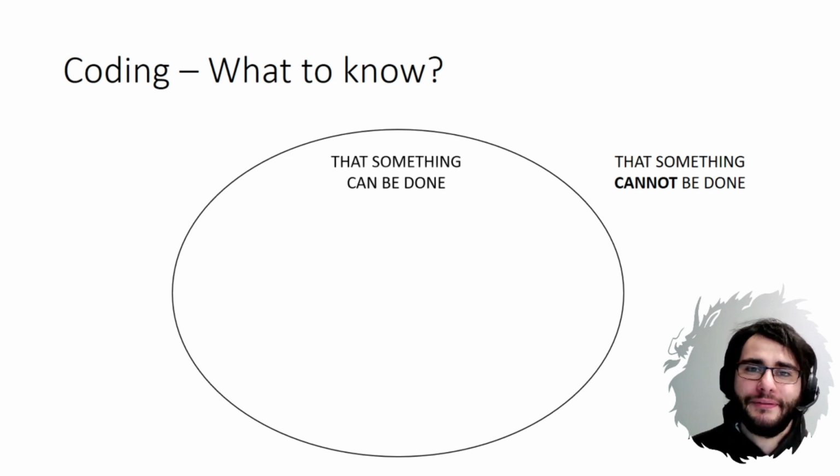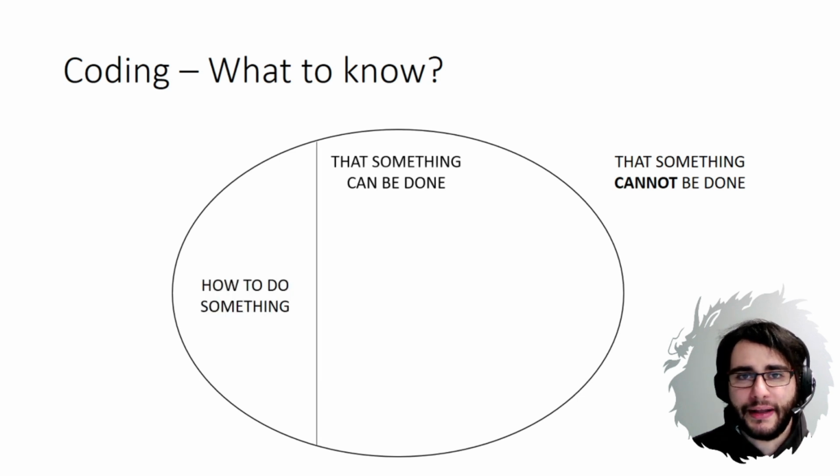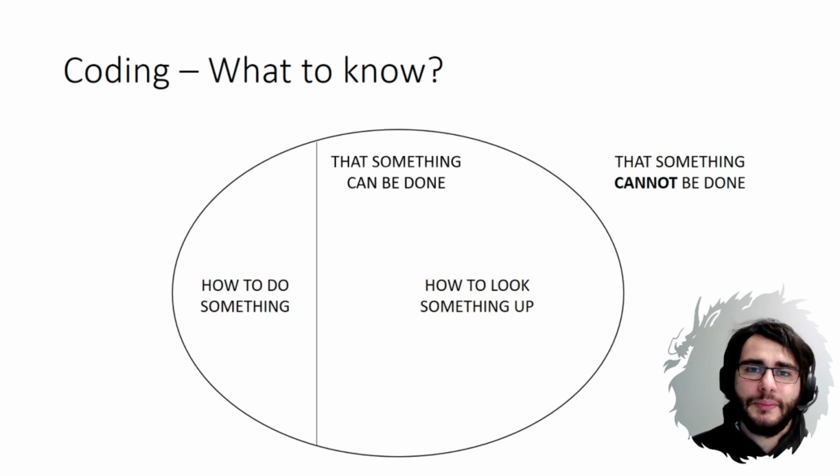Now, when you know that something can be done, how do you know that? Because I'm pretty sure that you don't know how to make anything without external help. There are some things that you know how to do and you could do blindly, like if the internet falls off, you can still work on your project. But much of the thing is actually knowing how to look something up.